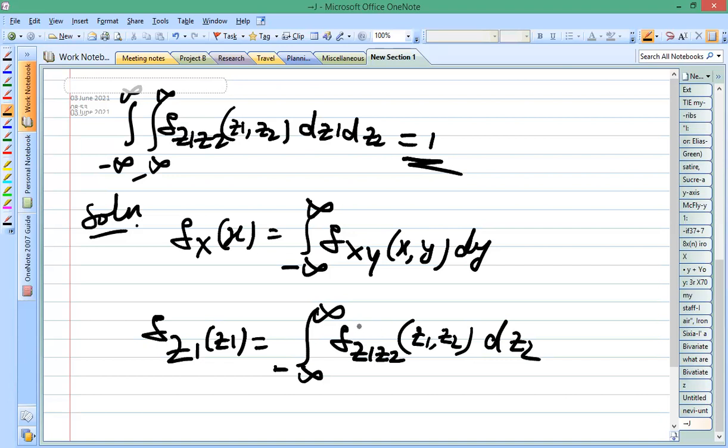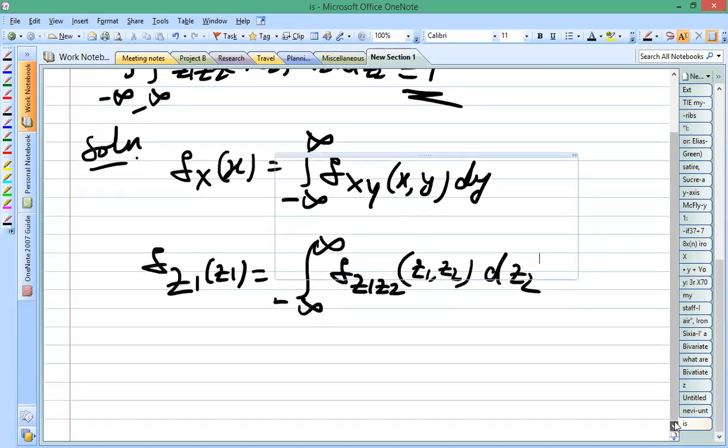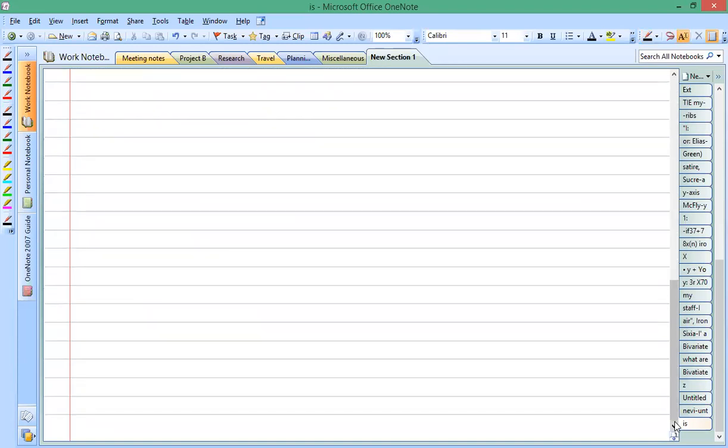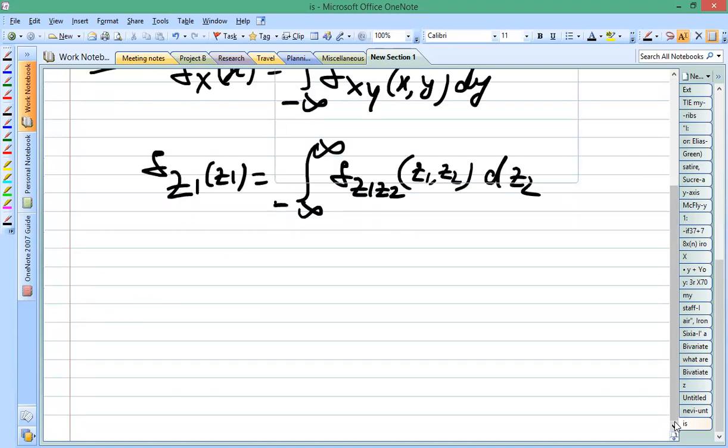To solve this marginal PDF we are going to use the technique of completing the square. The PDF can be rewritten as f Z1 of z1 equal to the integral from minus infinity to plus infinity of f Z1 Z2.